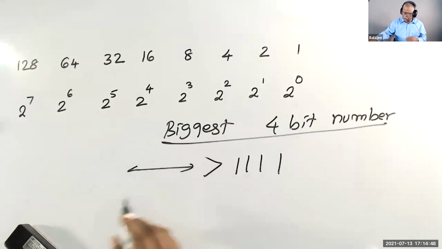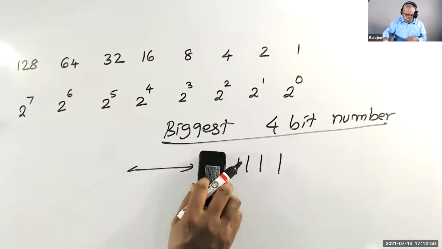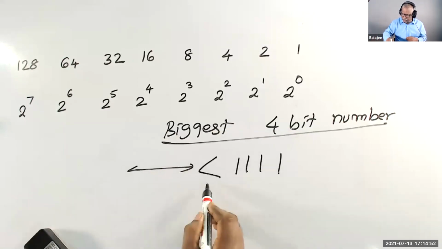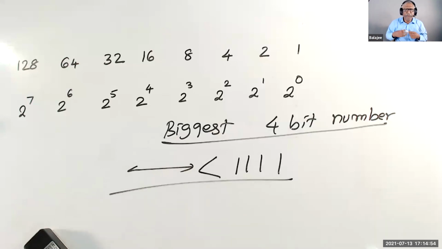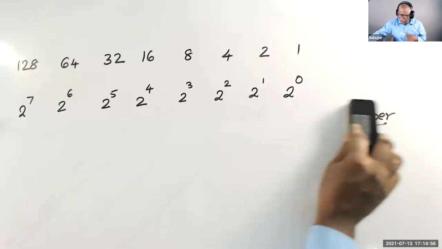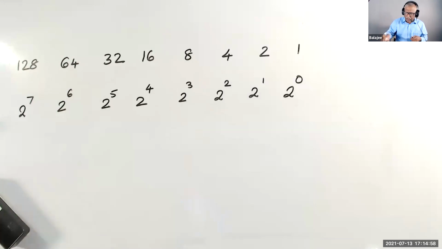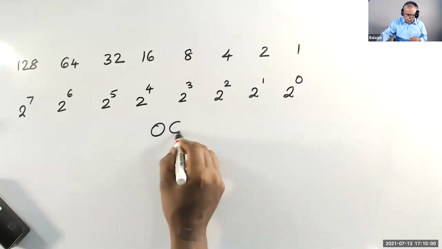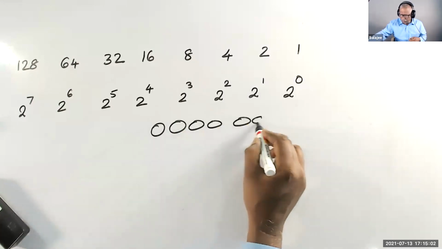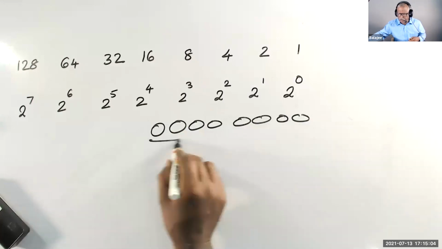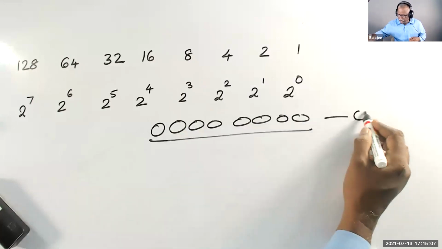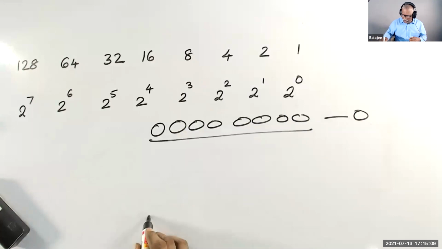That means any 4-bit number will be smaller than this. This we need to understand. So if I say 8-bit, the smallest number is 8 zeros. The value is 0. The biggest number is 1, 1, 1, 1, 1, 1, 1, 1.